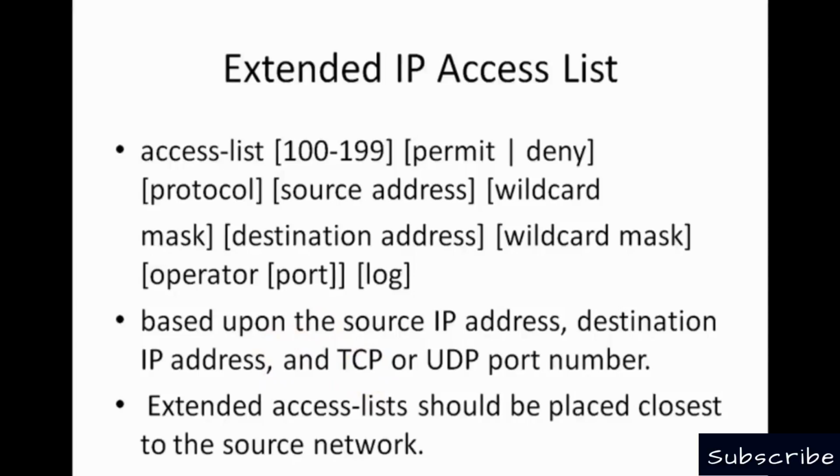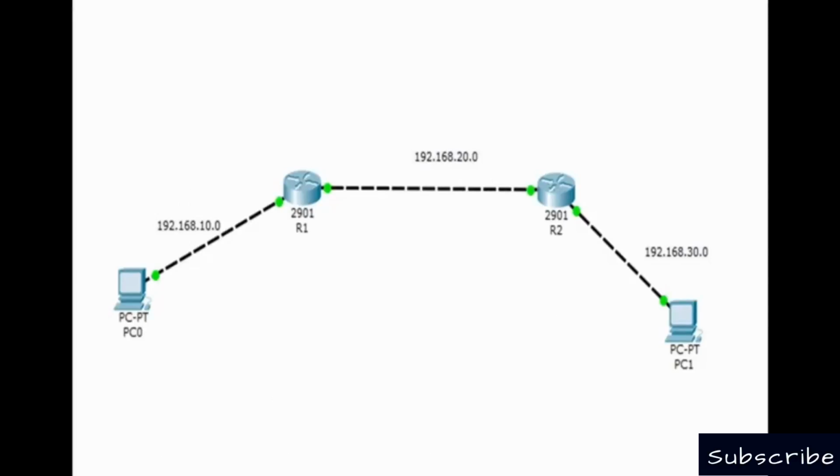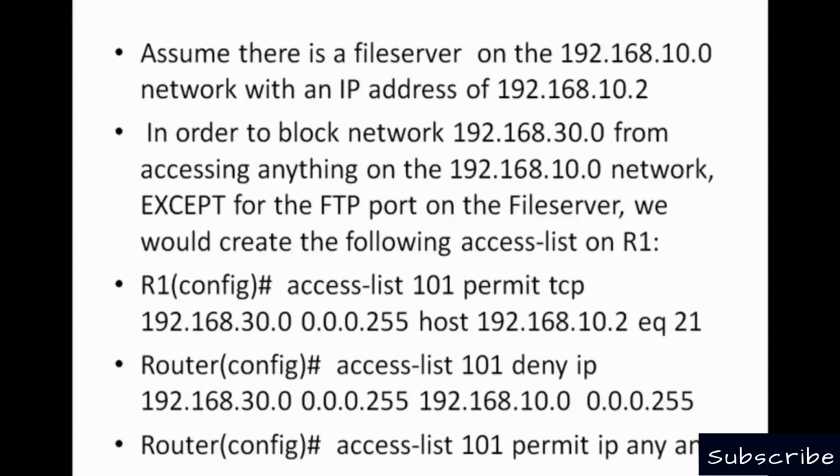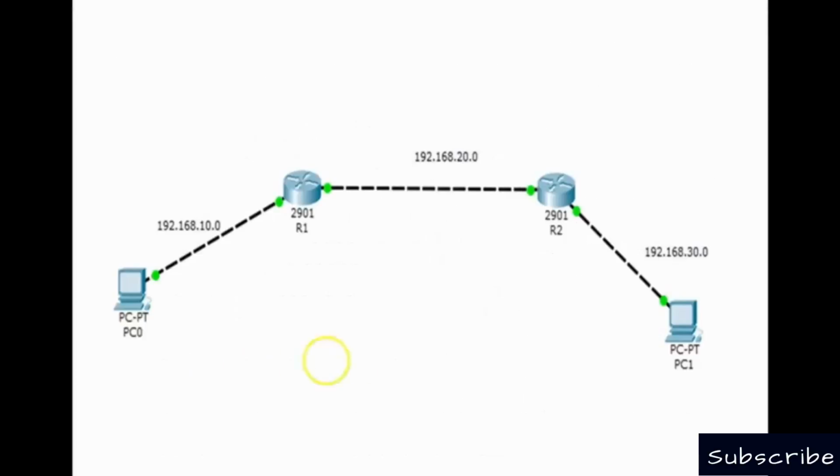And as we had placed our standard access list near the destination, here the extended access list is placed or configured near the source. So we are configuring the same topology, but here we have taken a different scenario. Assume there is a file server on the 192.168.10.0 network, and there are a number of hosts here.